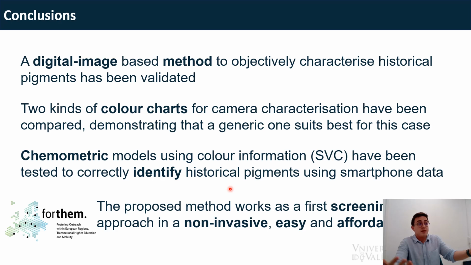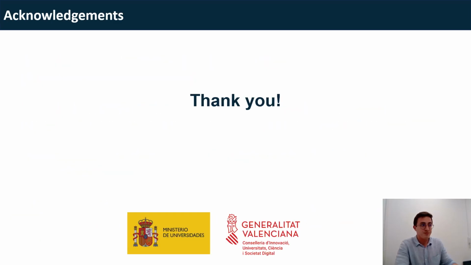And thus, this method is really interesting because it can be applied using only a smartphone and a little color chart, which you can carry basically anywhere and apply with minimal technical knowledge, at a very affordable cost for the whole process.